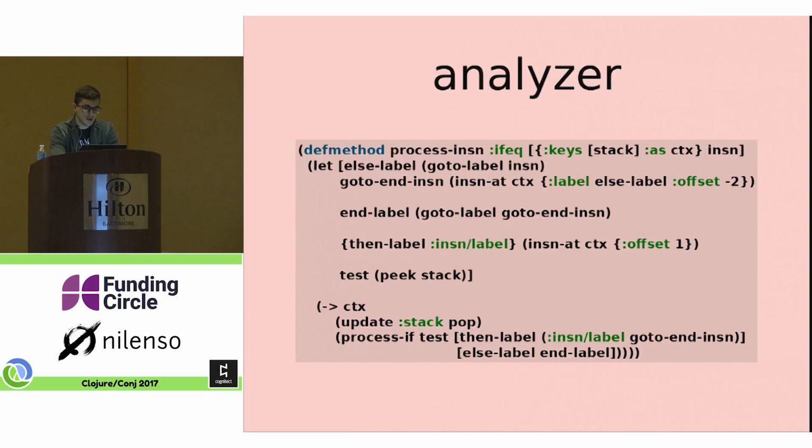Another example is this ifeq processing instruction. And so in this case, all that we do is we collect the offsets in the bytecode that map to the true branch and the false branch. And the test case is going to be the value on top of the stack.